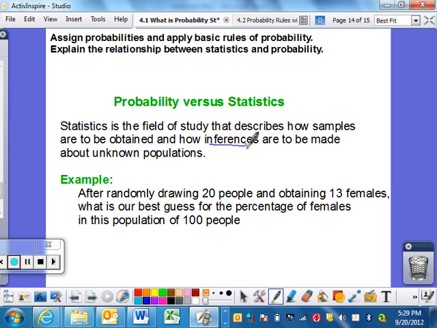Would we expect there to be 65% females? That's the question. And that's what statistics is: we have to make inferences, and we're going to guesstimate the best that we possibly can given the parameters that we have. So that's the difference between probability and statistics. With probability, we take known information and get answers, whereas with statistics, we're going to make inferences about the population.